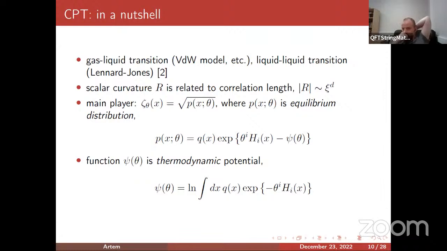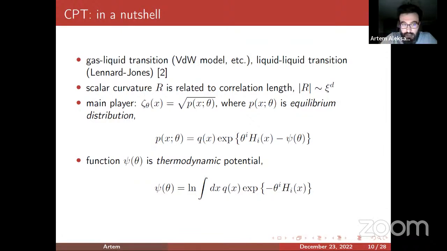And the crucial fact about classical phase transitions is that in most systems we always deal with an exponential family. So the probability measure can be represented as follows. It is simply the exponential of some function, and there is a multiplier q of x.